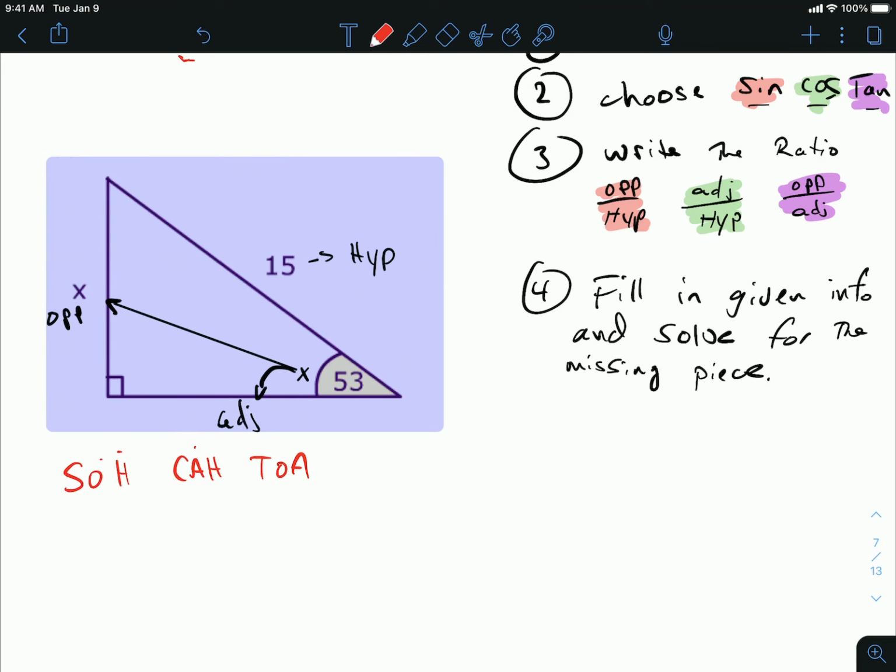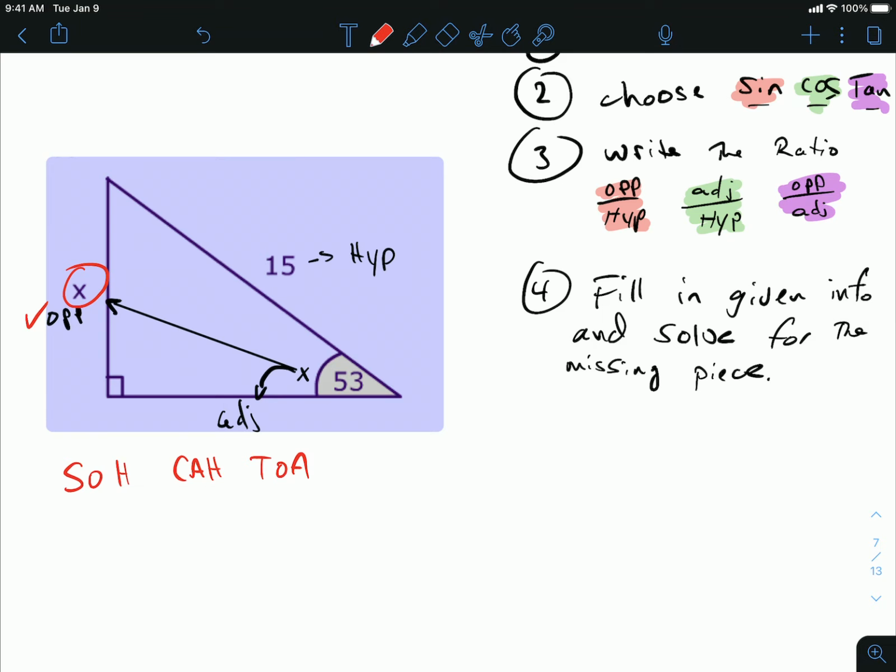So, in this question, I don't really care about adjacent, right? It's not given to me, and I'm not interested in it because it's not labeled at all, aside from the adjacent that you put there. What I do care about is x. That's what I'm trying to solve for. Well, x is opposite, right? So I'm going to use opposite because that's what I care about.